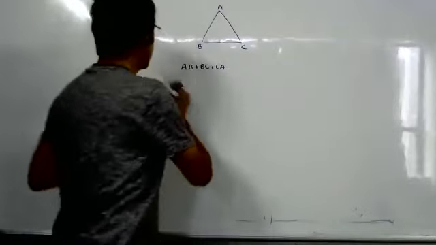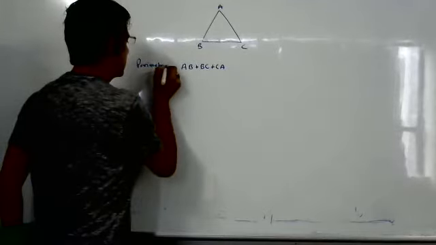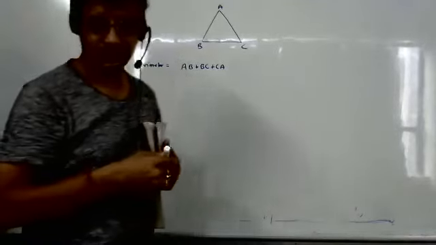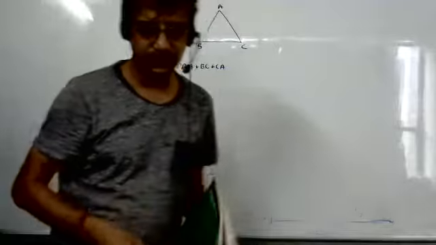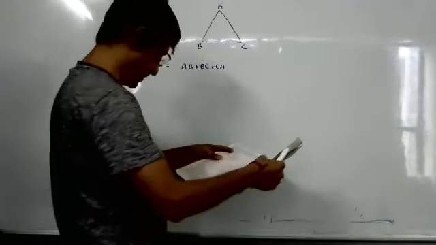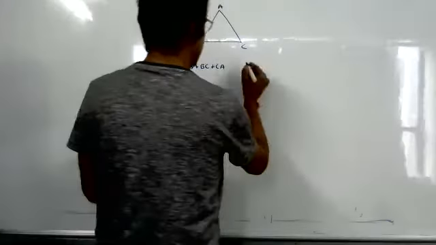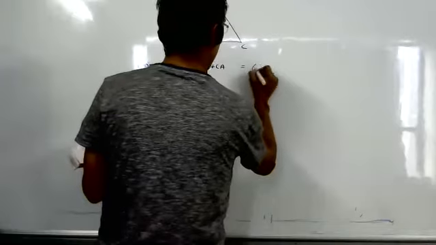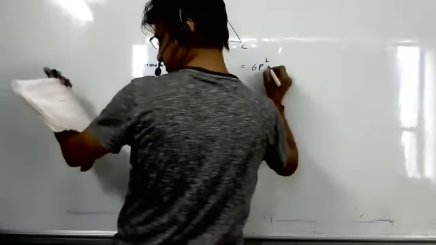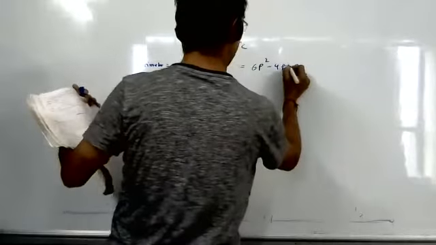So, perimeter is this one. Correct? Now, perimeter is given. What is perimeter? 6p square minus 4p plus 9.